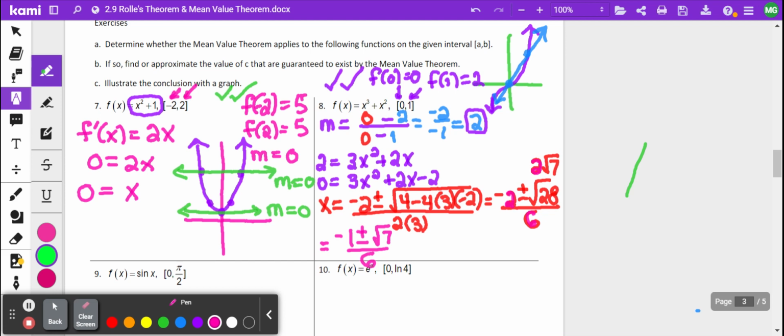Now here's the deal. We have to look and see, are those numbers within the domain that we were given? So 0 to 1. If you do negative 1 minus root 7 divided by 6, that number falls outside of the given domain.